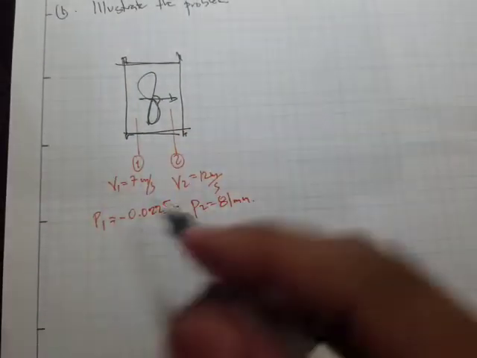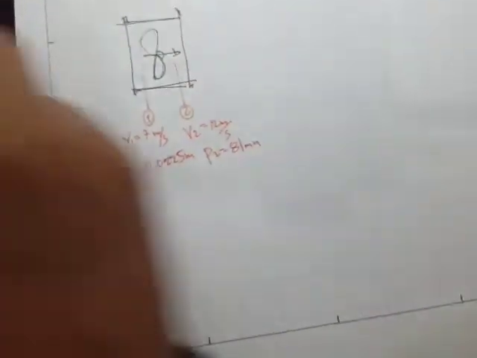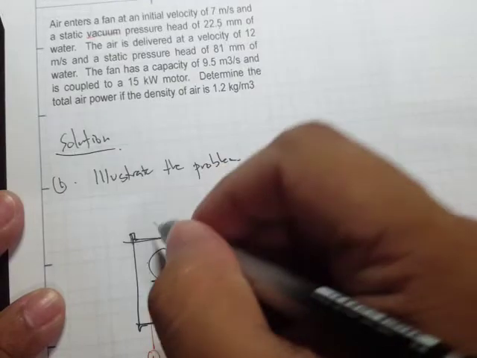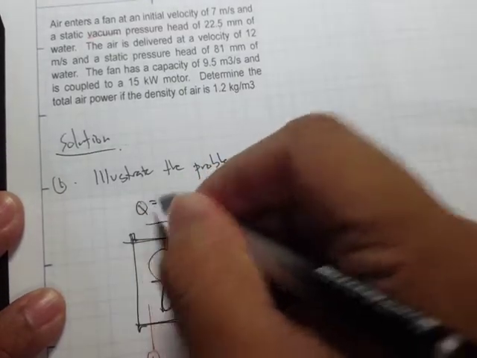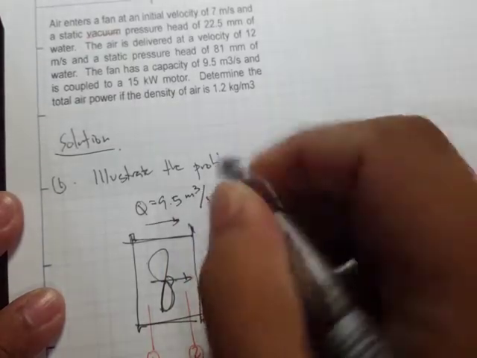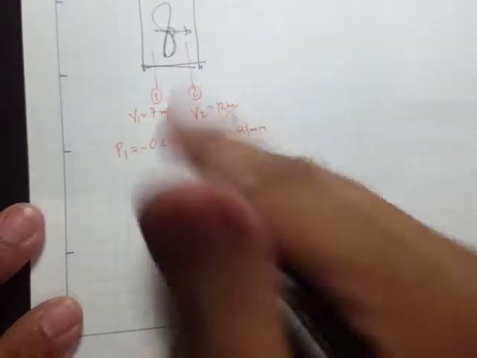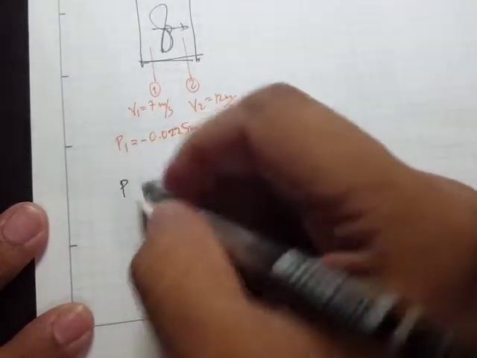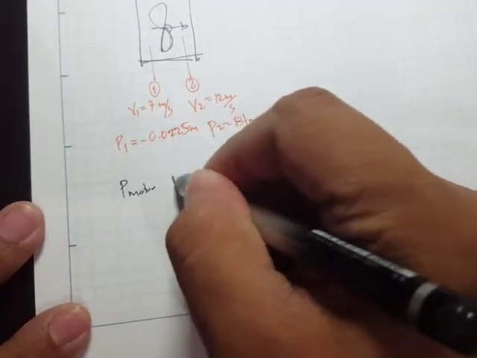Right, so what else? It also tells us the flow rate, so Q is equal to 9.5 cubic meters per second, and it also gives us the power. That's the power of the motor.